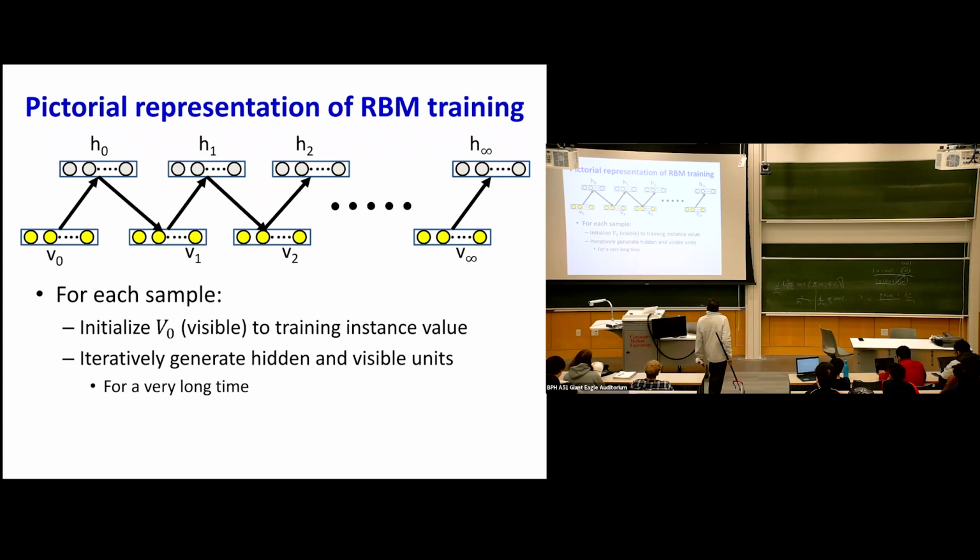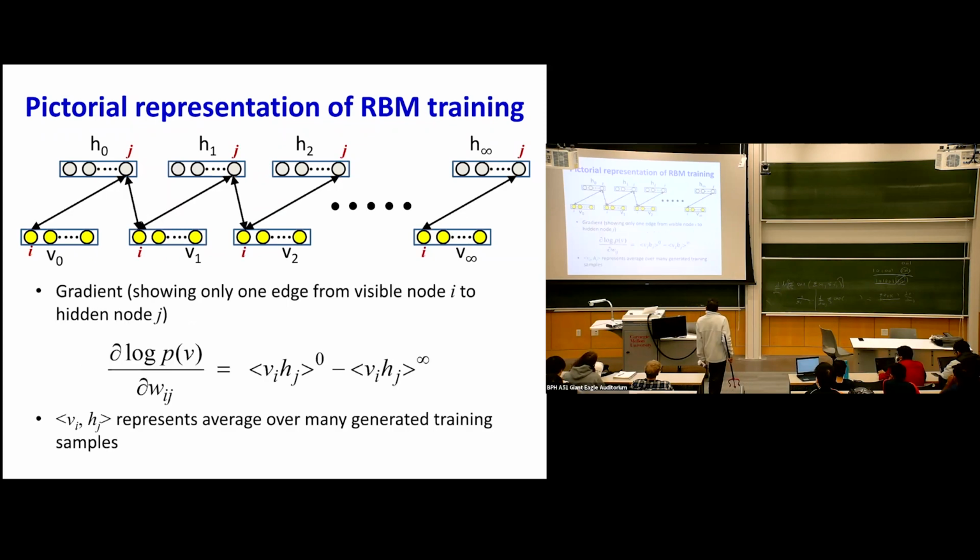And now, when you compute the derivatives, the derivative is simply going to be this. The first term in the derivative is going to be the outer product between the complete state vectors, right, of the complete state vector with the visible units fixed. So that's simply going to be the product. You only have connections between these guys and these guys. You don't have connections amongst the visible units or amongst the hidden units.